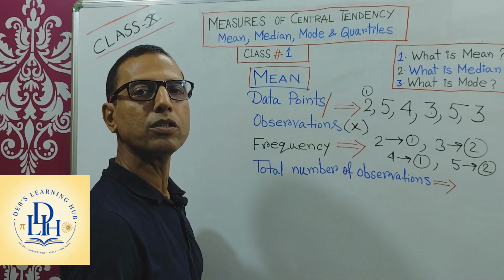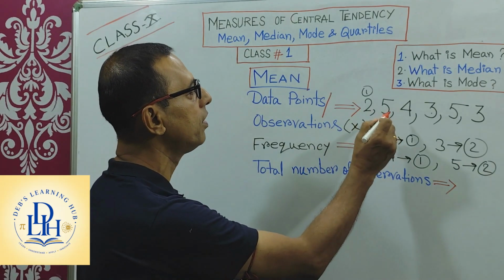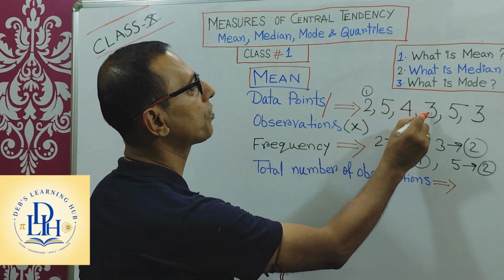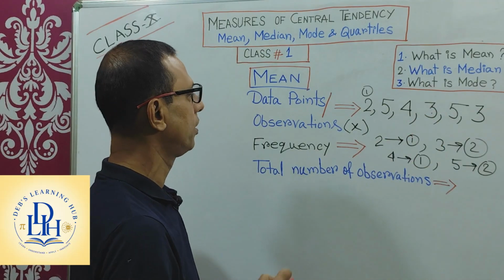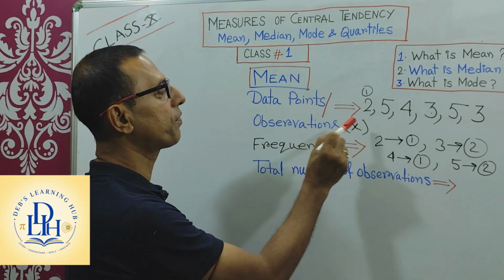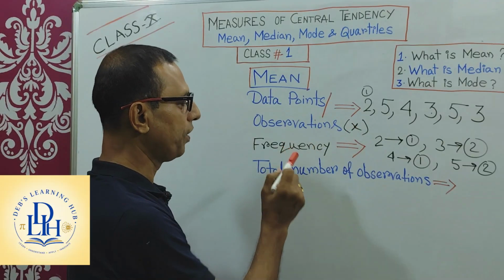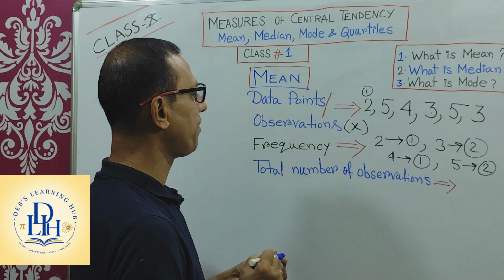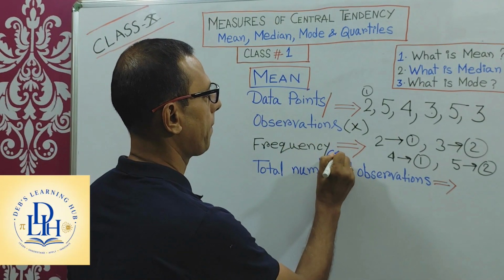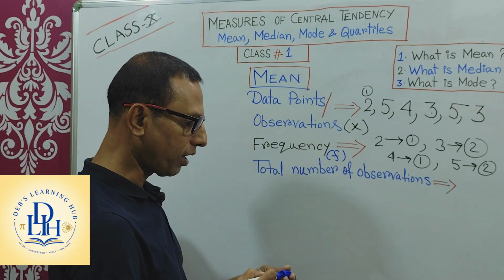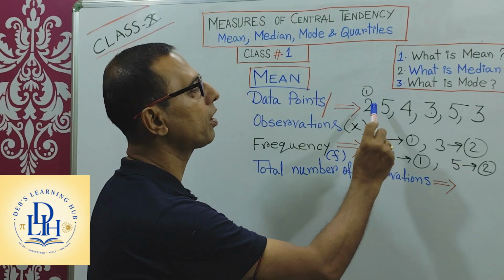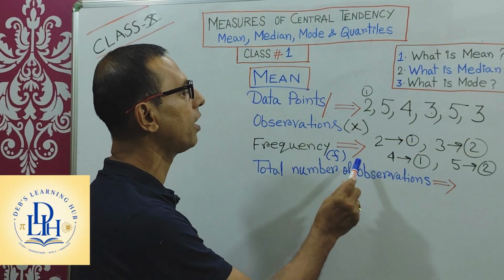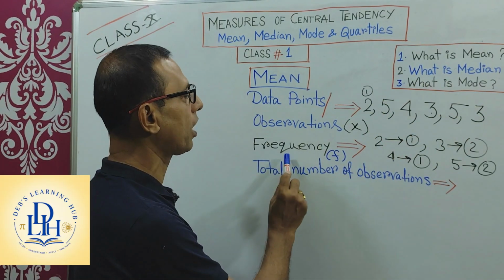So how many data points do we have here? 2, 5, 4, 3, 5, 3. You can see easily it is 6 numbers. So if you denote data points or observations as X and frequency as F, the total number of observations means the total of the frequencies.